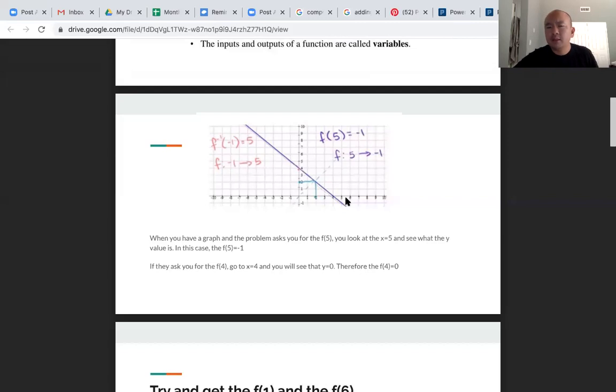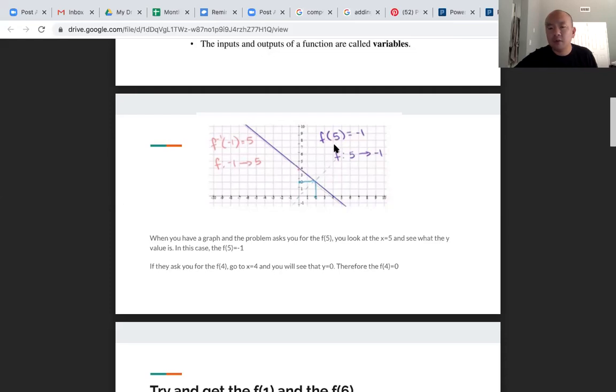Okay, and the number inside of the parentheses is the x value. Okay, and if they ask for the f of 5, what you're going to try to do is find the corresponding y value for that.